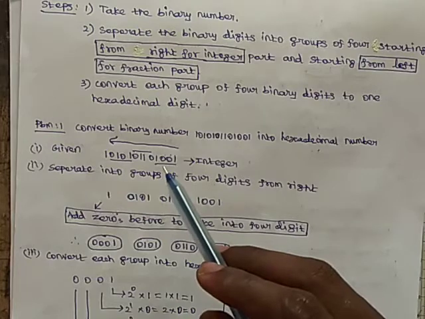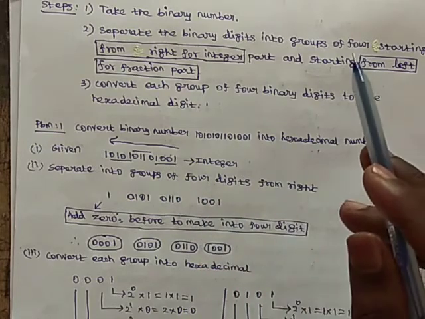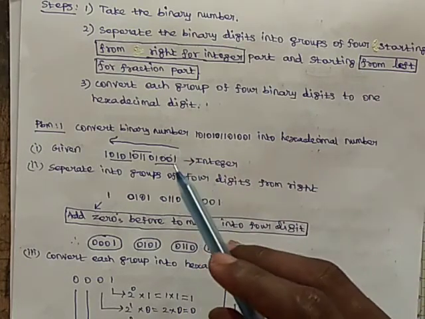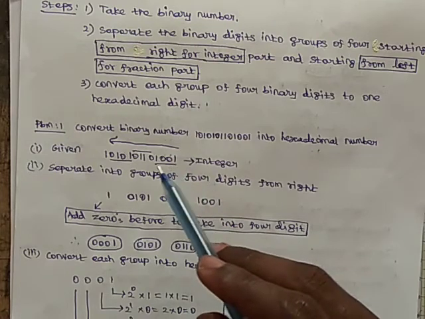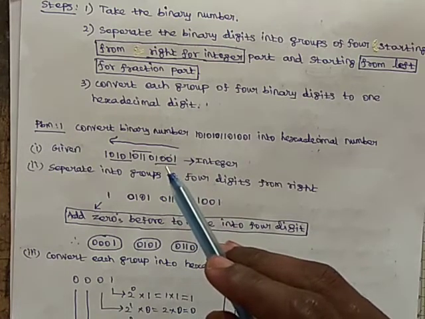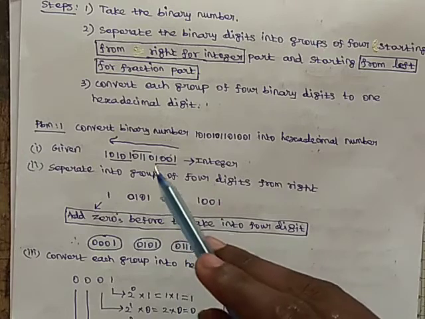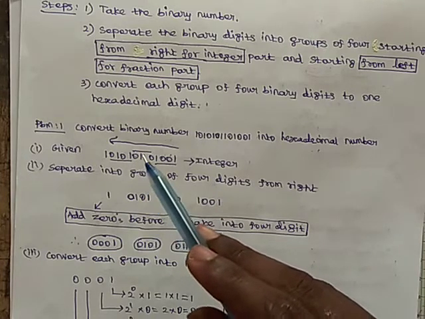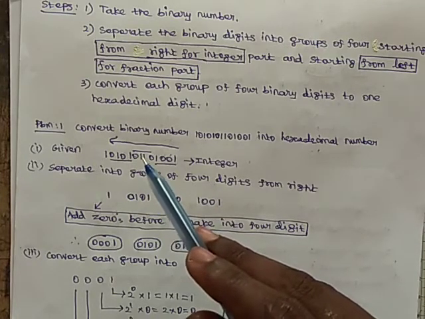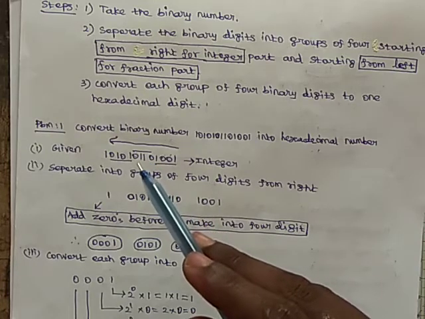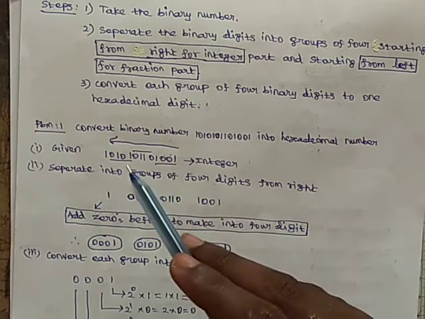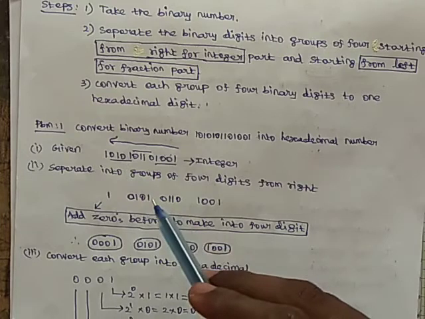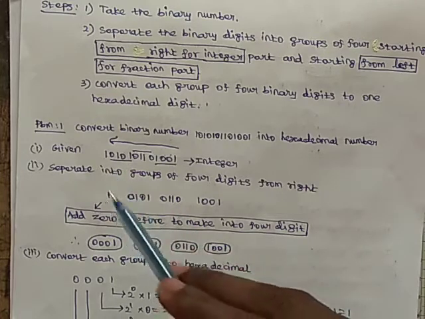We separate by 4 digits. So 1001, this group I represent with an underline mark. Next 0110, underlined here. The remaining is 1, so 1 digit is remaining.